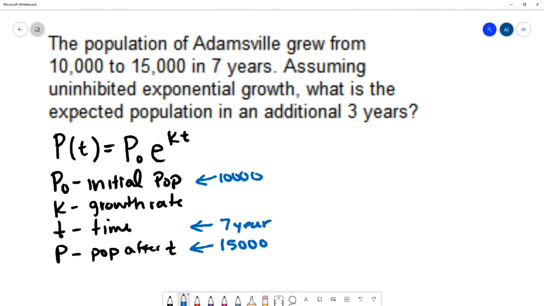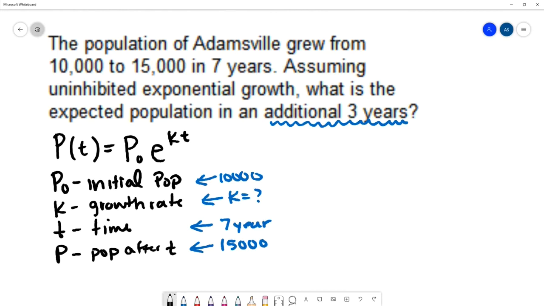You can see that we're given 3 of our 4 variables, so that means that we're going to be able to solve for the growth rate, k, of this city. And once we know the growth rate of this city, we'll be able to figure out what the population will be with an additional 3 years.